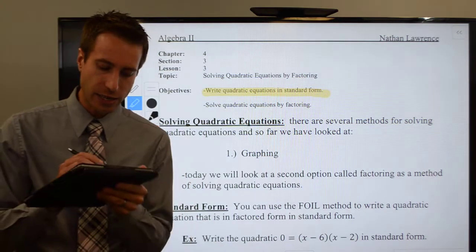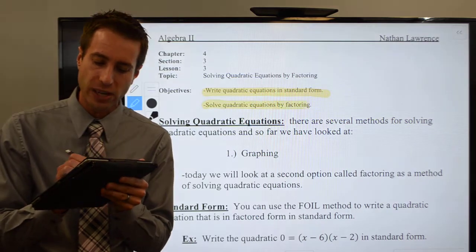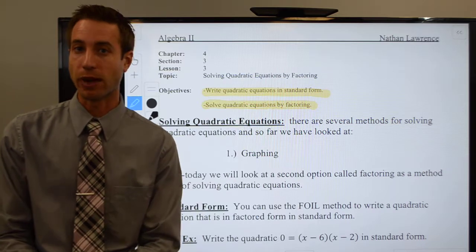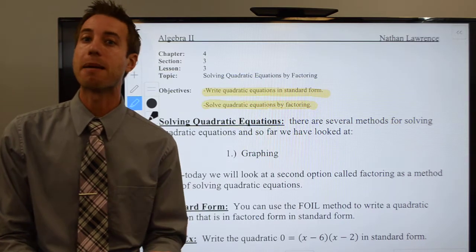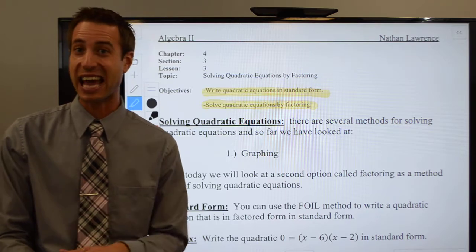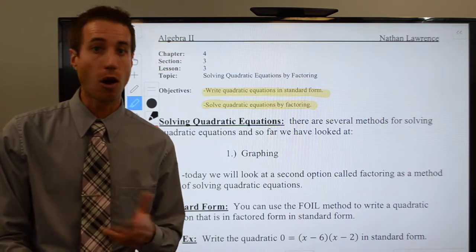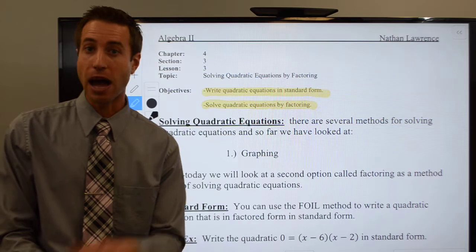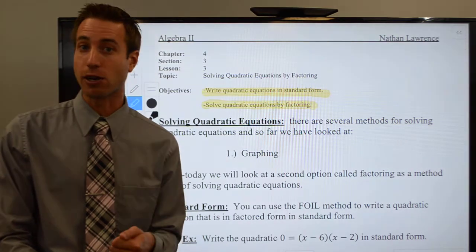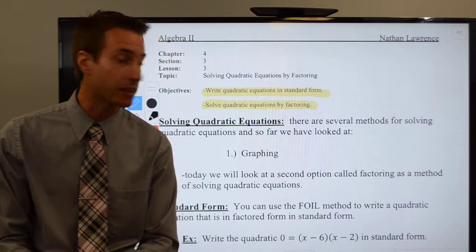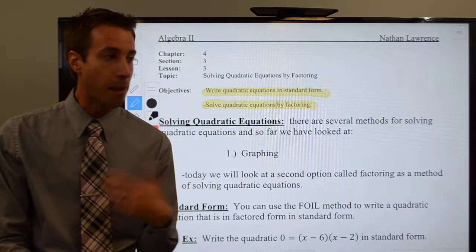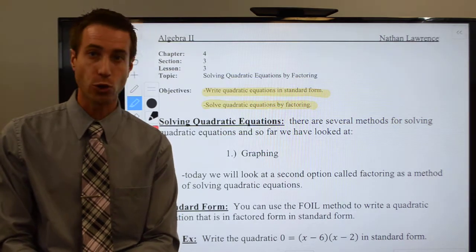But once we get done doing that, the vast majority of this note set and these videos will be factoring, just refreshing your memory on ways to factor quadratic equations. You would have done all of this in Algebra 1, including a pretty difficult technique known as completing the square, which we won't cover in this section, but we will get to very shortly.